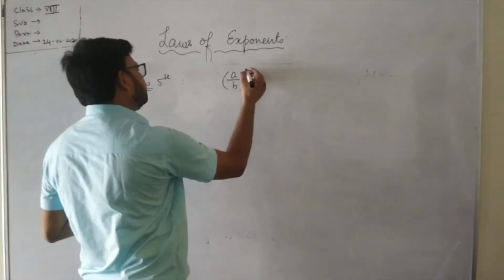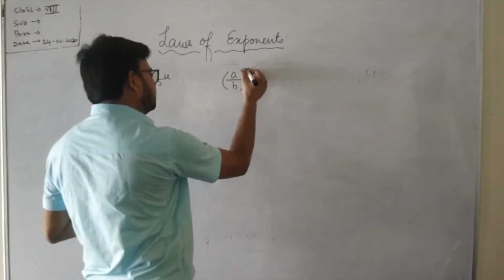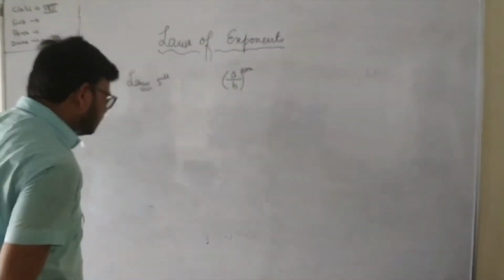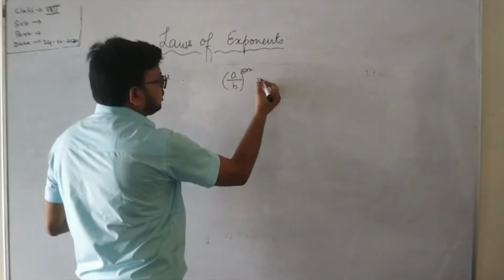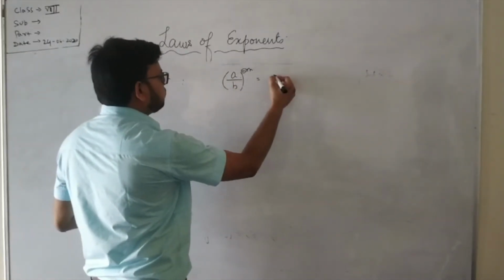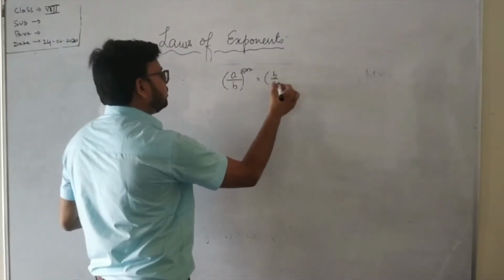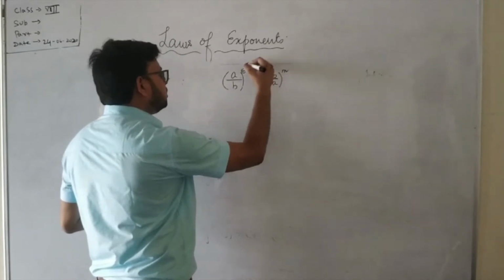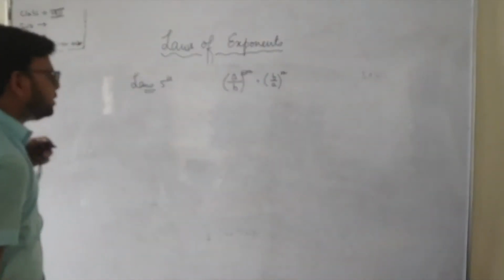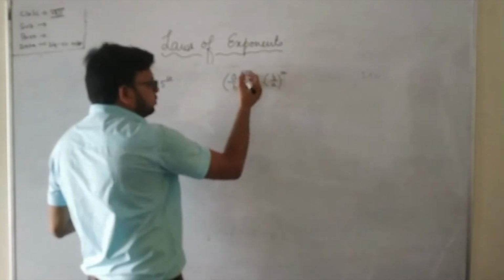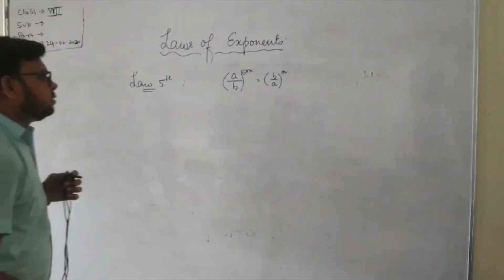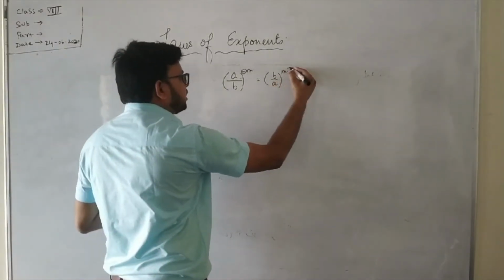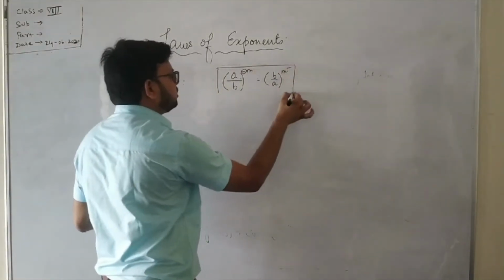What does this mean? If a negative sign is present in the power, it means you have to reciprocate the rational number. That is, if it is a by b, then you have to write b upon a, but the power remains the same. If the power has a negative sign, the given rational number gets reciprocated, but the power remains the same.